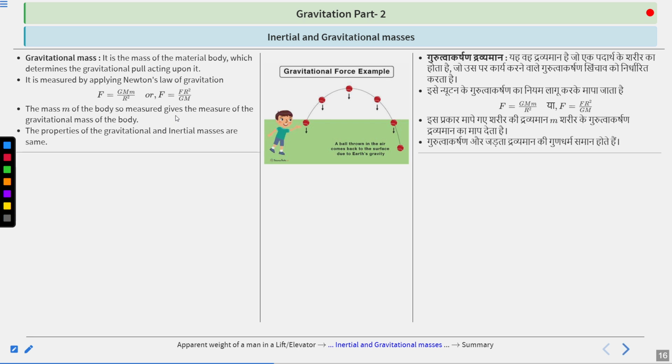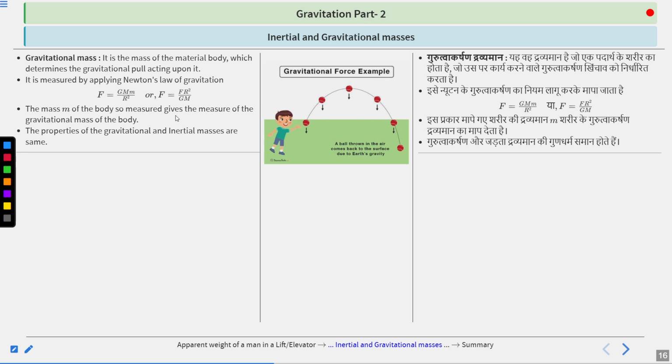The properties of the gravitational and the inertial masses are the same. Inertial mass deals with the mass through which the body resists a change of state. If it is at rest, it will remain at rest. If it is in motion, it will remain in motion.